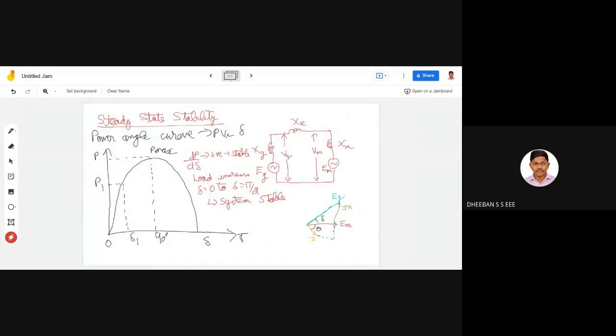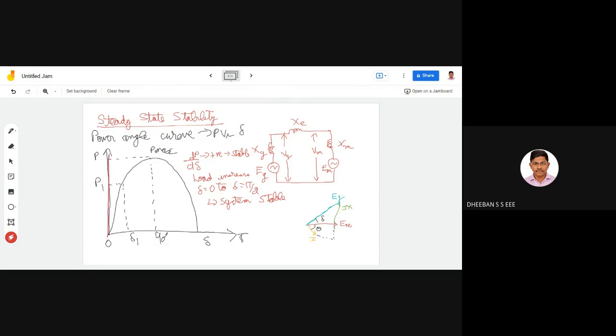And from this only we will derive your power angle curve. This is a very important curve with respect to this unit. The power angle curve is plotted across the parameters power and delta, that is your rotor angle.